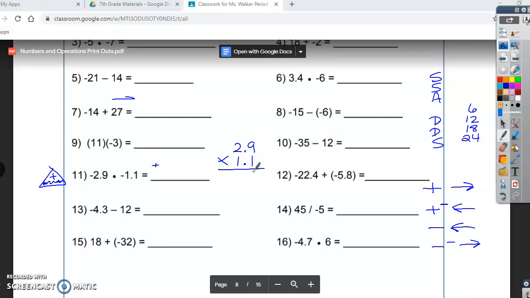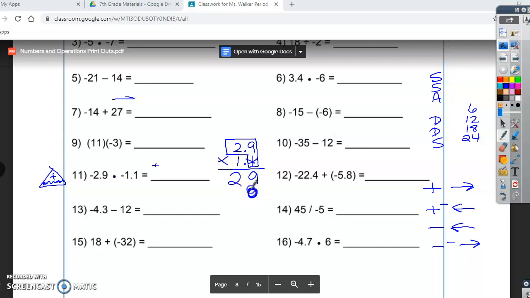So 1, super easy to multiply by, okay? So 1 times, and if you have a hard time multiplying, then I'm just going to box this in. 1 times 9, 1 times 2, okay? So I'm done with that 1. Now, I don't care how you do this.